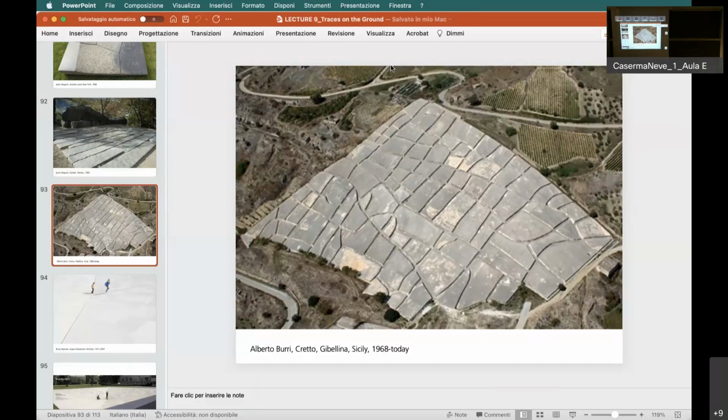Maybe we are in a moment in which the more interesting, more successful practices are the ones really relying on the process. But this would be the subject of another lecture, and again another one. We could talk about a lot of stuff. Anyway, yeah, I understand what you mean.